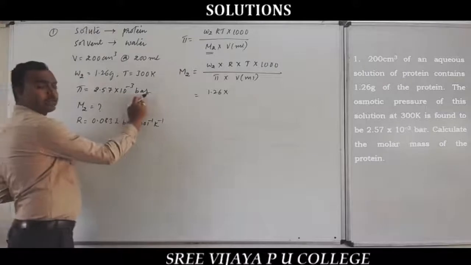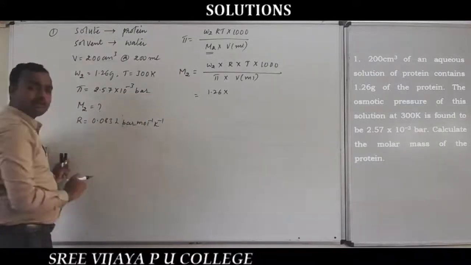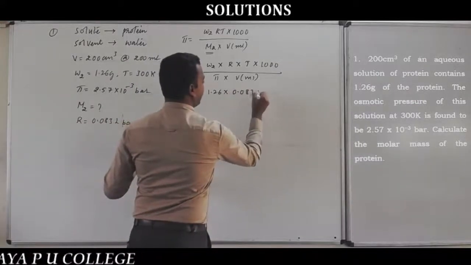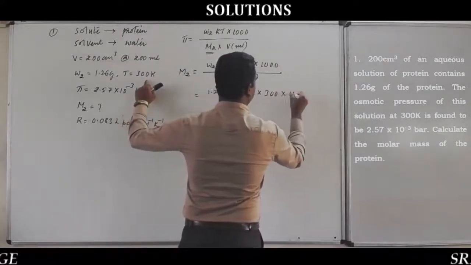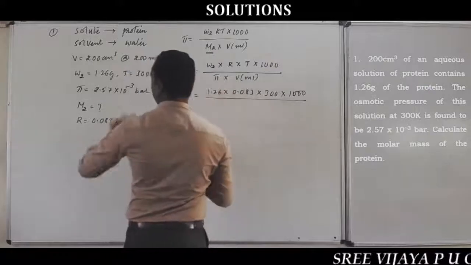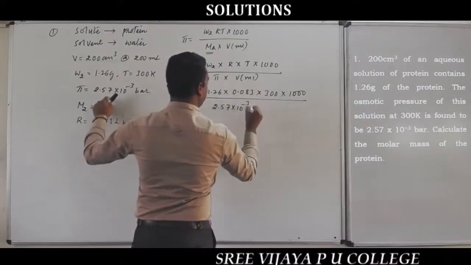If it were atmosphere, it would be 0.0821 liter atmosphere per mole per Kelvin. So the value is 0.083 into the temperature, that is 300, into 1000, whole divided by the pi value, which is 2.57 into 10 power minus 3.